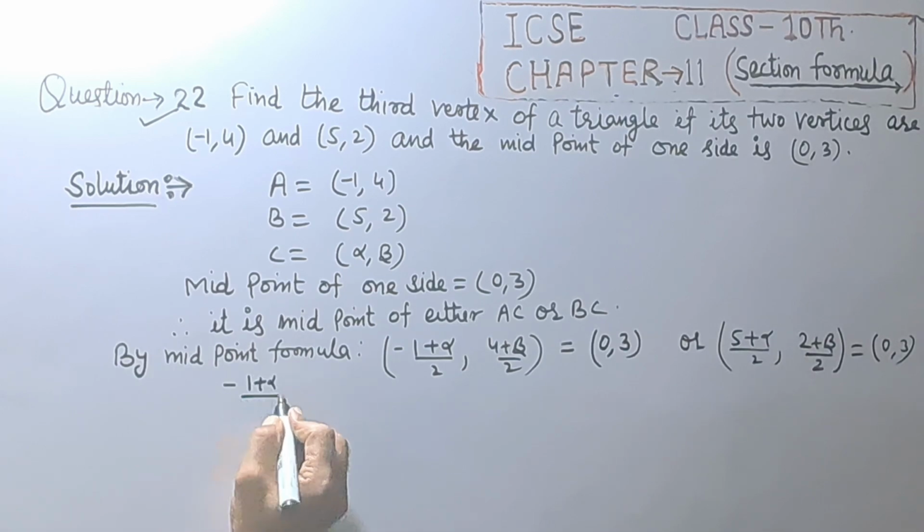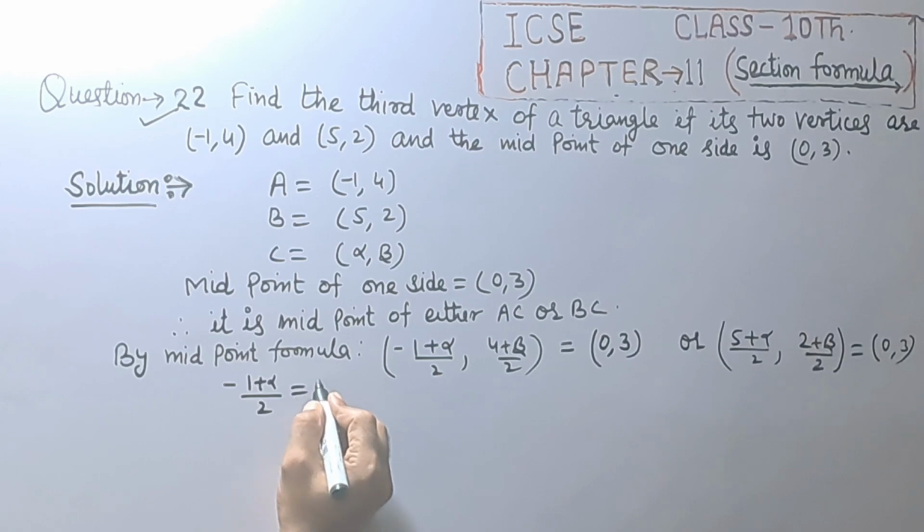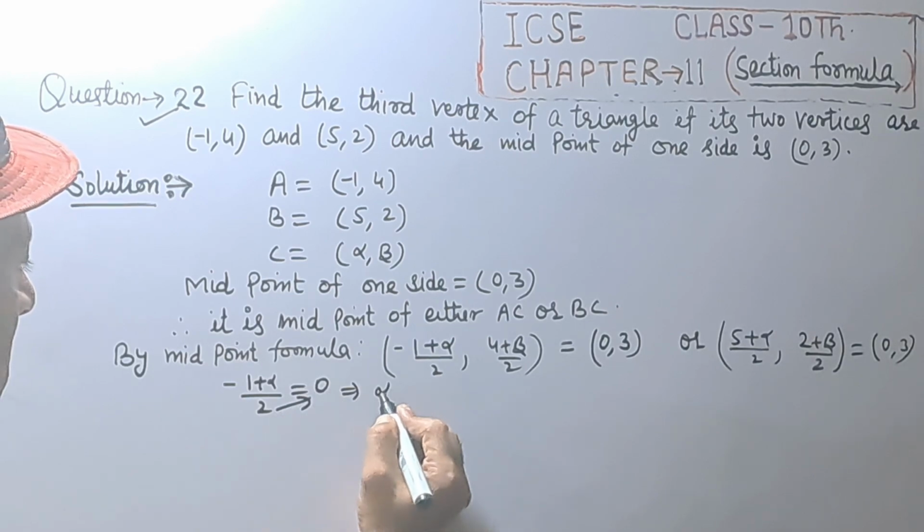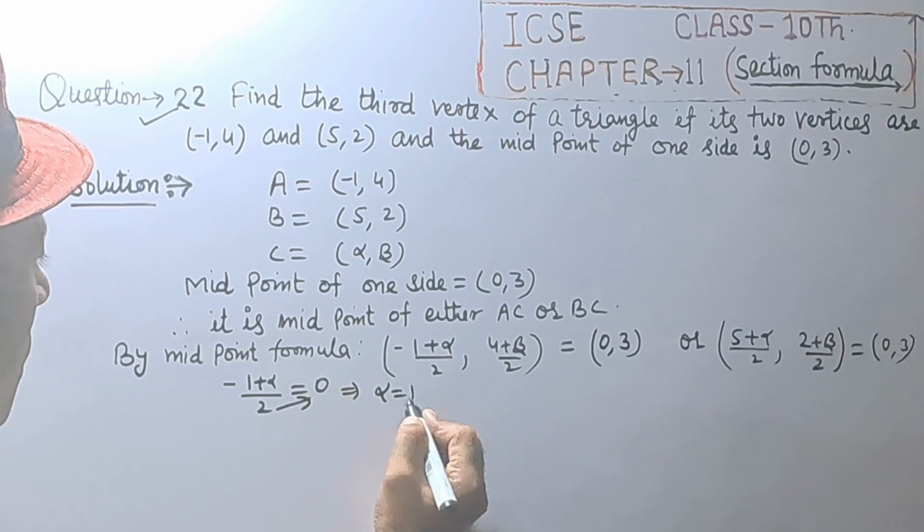(-1 + alpha)/2 = 0, which implies alpha = 1.